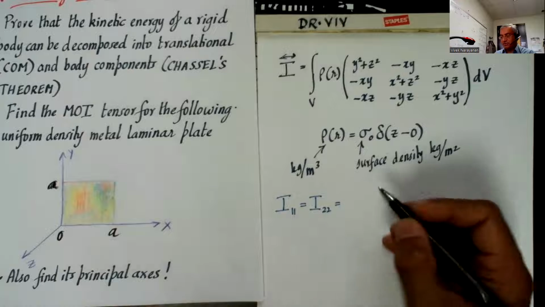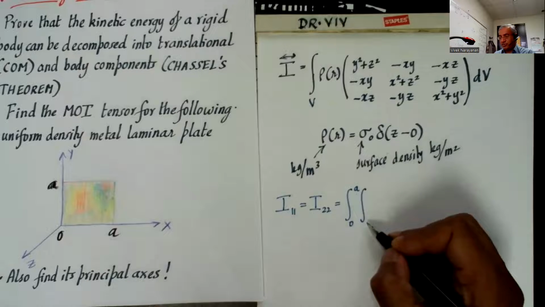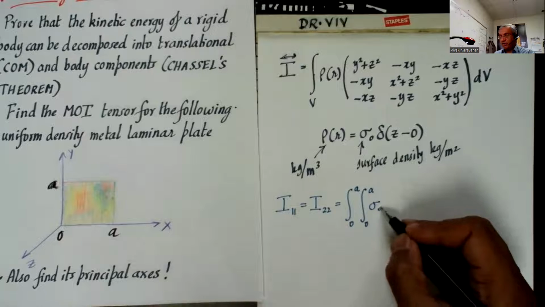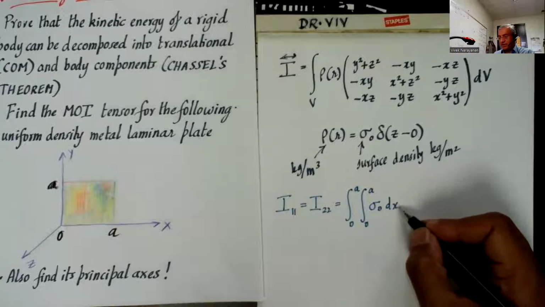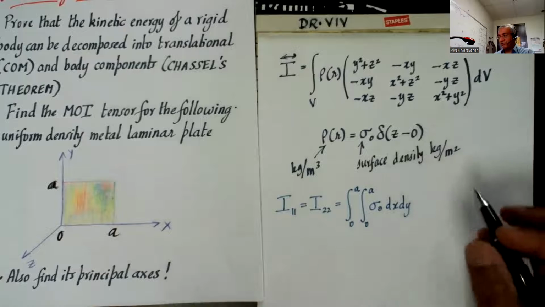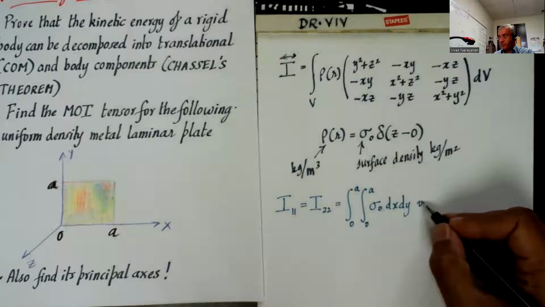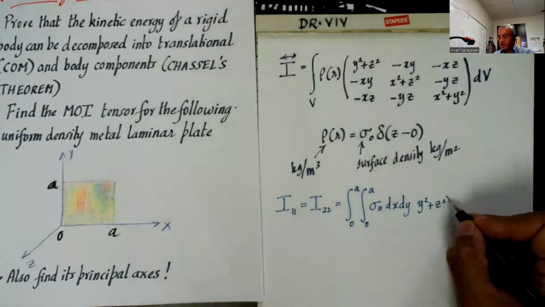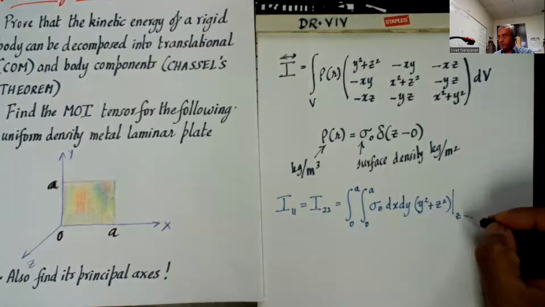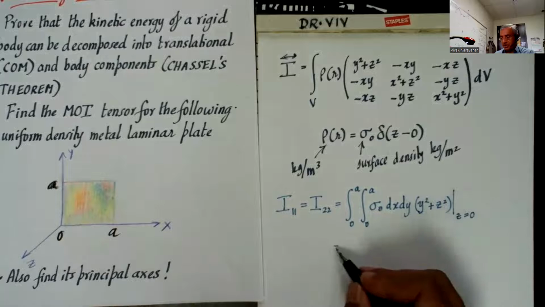I11 is the same as I22, and that's going to be the integral from 0 to a, the integral from 0 to a, sigma naught dx dy, because the dz part is gone thanks to the delta function. And I'll just pick the first one, y squared plus z squared, and the delta function enforces z equal to 0. That's the job of the delta function.